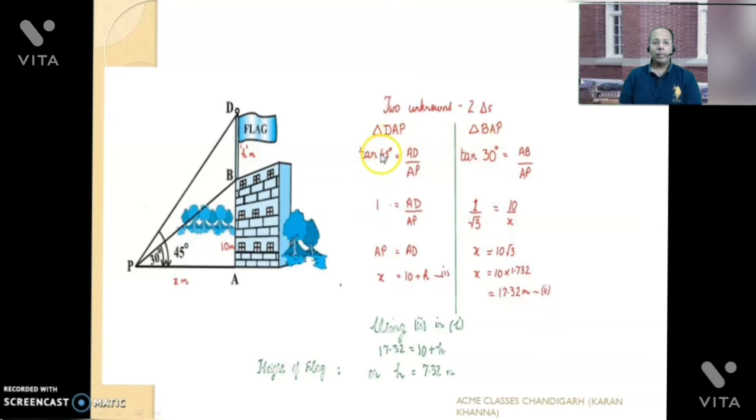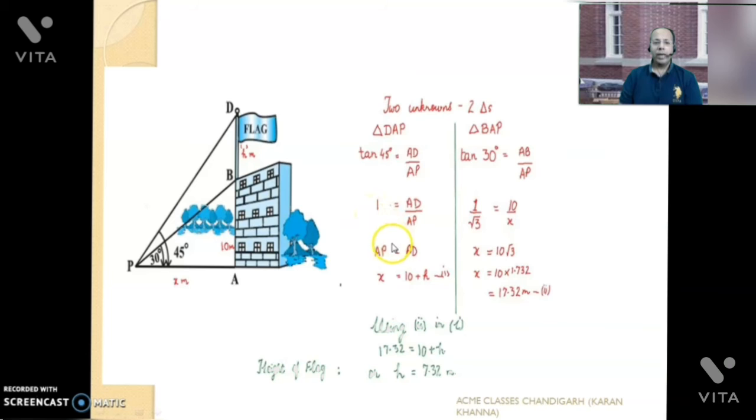Now in DAP, tan 45 is equal to opposite side upon adjacent side. The opposite side to the angle of 45 degrees is AD and the adjacent side is AP. The tan 45 degree value is always equal to 1. You can refer to the table given in the NCERT textbook.